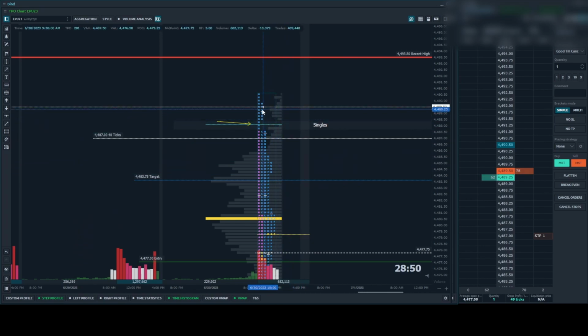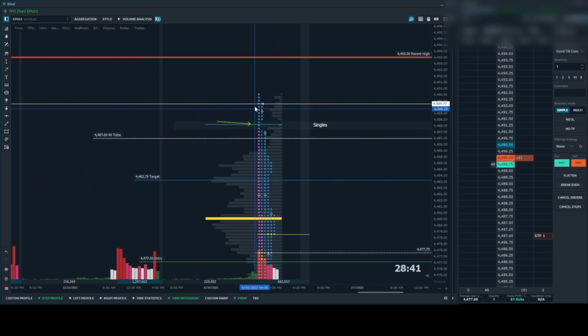So at this point, if H started to come down in here, you want to be out of that because, like I said, there's a good chance we're going to rotate back down here. If it's strong, it'll stay up here.